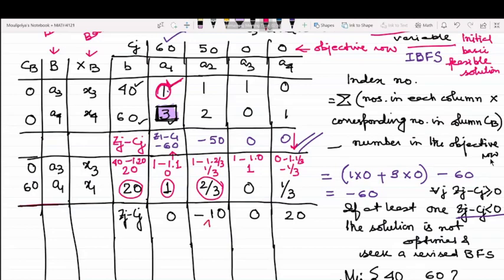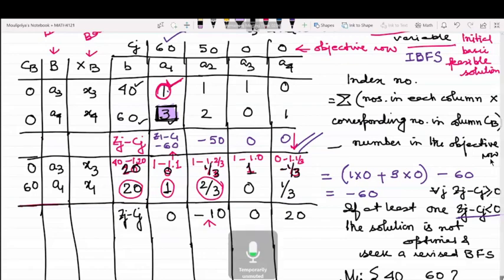And which is the departing vector? How do we calculate the departing vector? This is 20, this is 0, this is 1 by 3, this is 1, this is minus 1 by 3. Which ratio needs to be calculated?